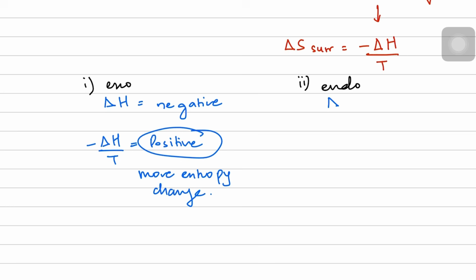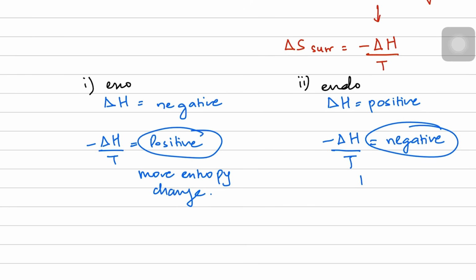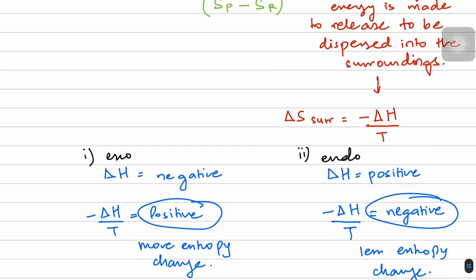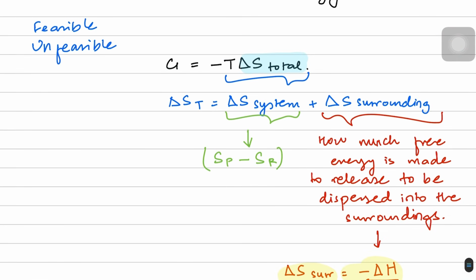For an endothermic reaction, the enthalpy change is a positive value, but the formula with its own negative makes it a negative final value. That means less entropy change, like we already predicted. Now this gives us an estimate for the surrounding entropy change, which can be put into here.